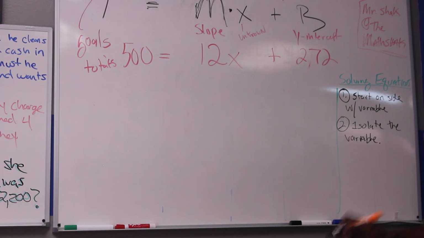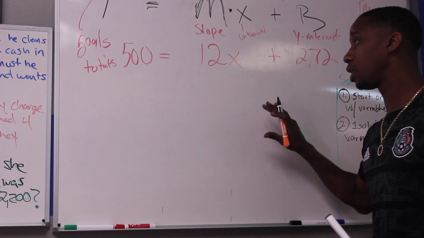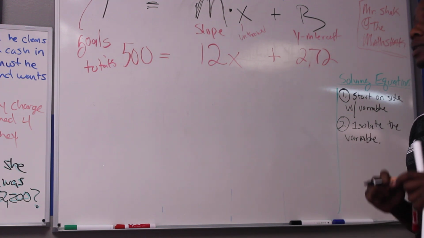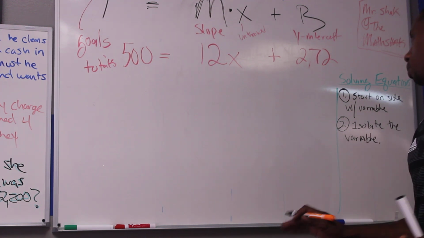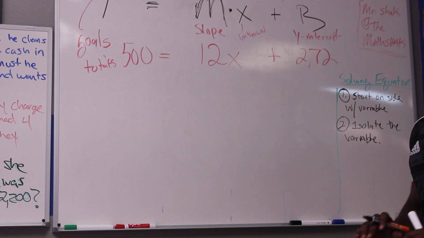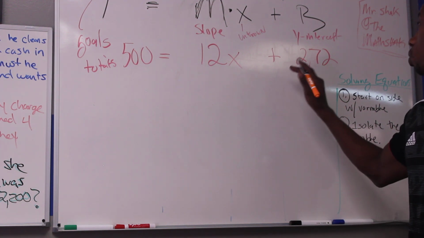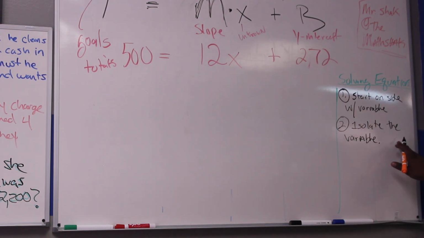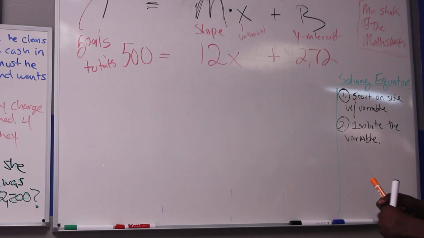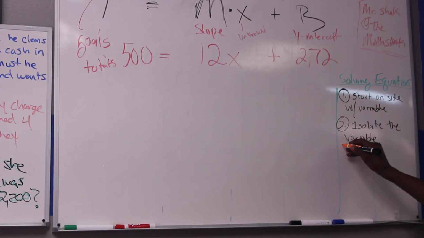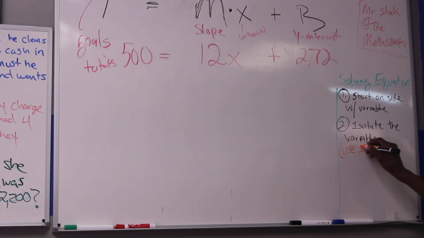It's one move from there, and hopefully that'll be the move you have patented and down packed. Whenever you get to that point in the equation, you're already done. So how do we isolate the variable? Well, the only way to isolate the variable is to use inverse operations.